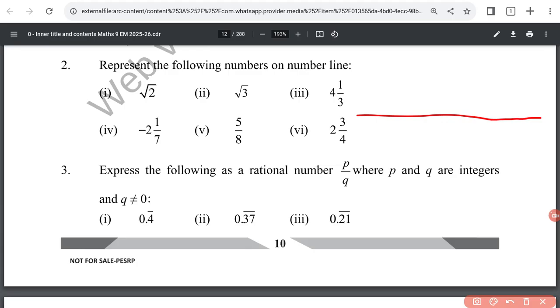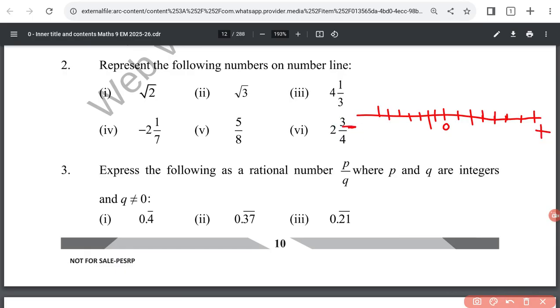Our center point is 0, then 1, 2, 3, 4, 5, 6, 7, and 1, 2, 3, 4, 5, 6, 7. This is the negative side and this is our positive side.